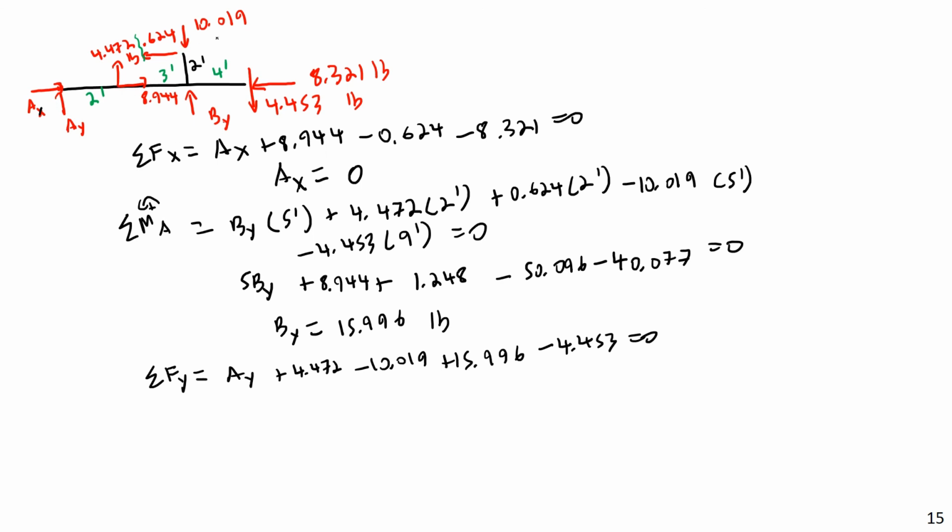The 10.019 is negative. The BY is a positive 15.996, it's already baked into there, and the minus 4.453. And let's go ahead and get this. 4.472 minus 10.019 plus the 15.996 minus the 4.453.